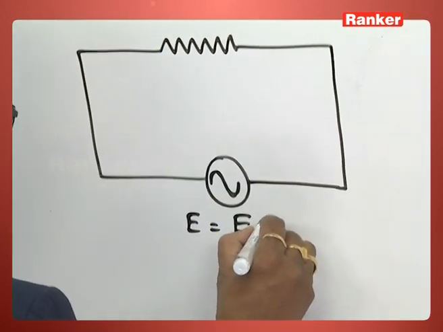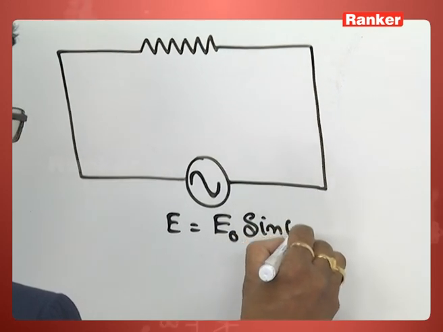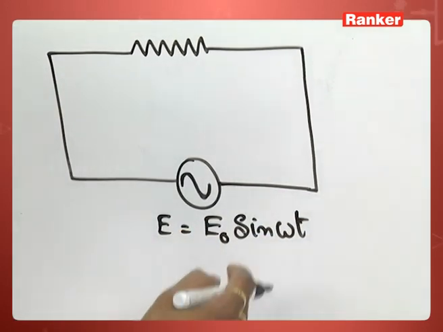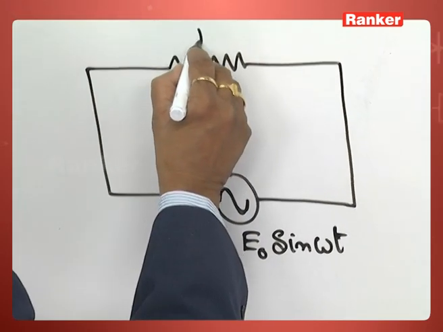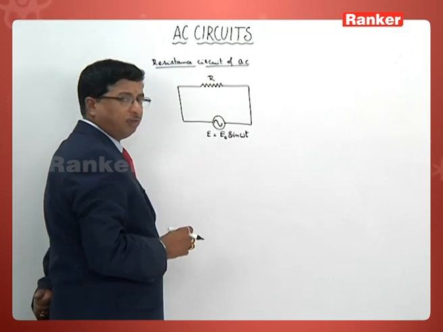E is equal to E naught sin omega t, that is the input EMF supplied to that, and this is the value of R, which is the resistance there.